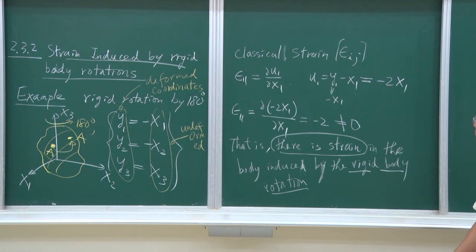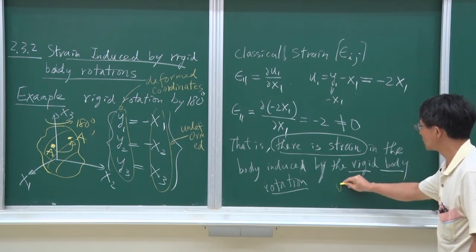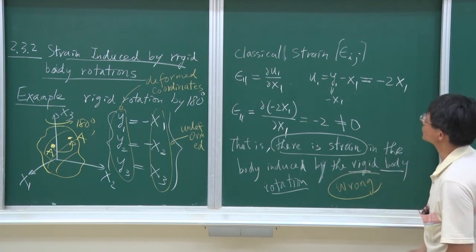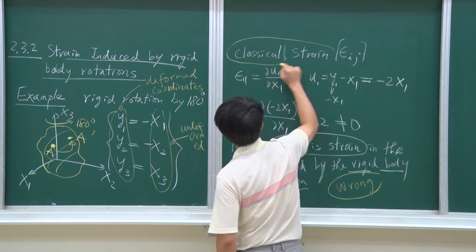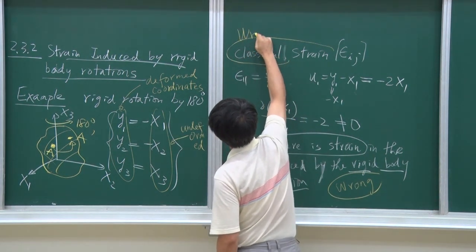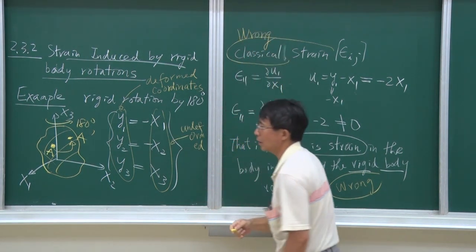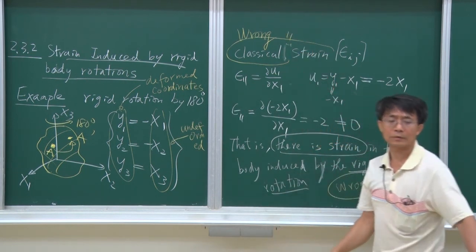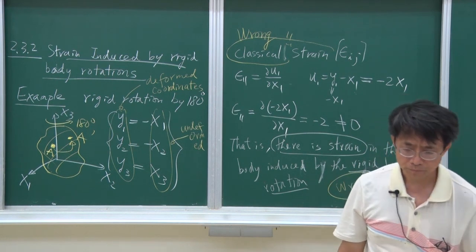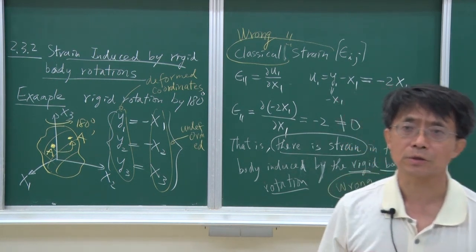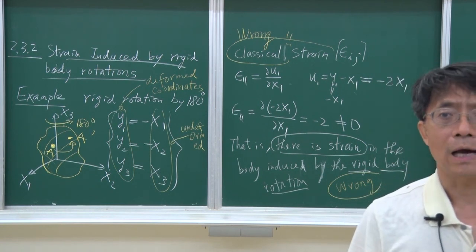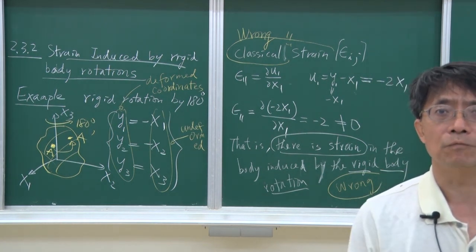So this is wrong. So classical strain is wrong. This is the viewpoint I want to tell you: the classical strain is not correct if large rotation is involved.